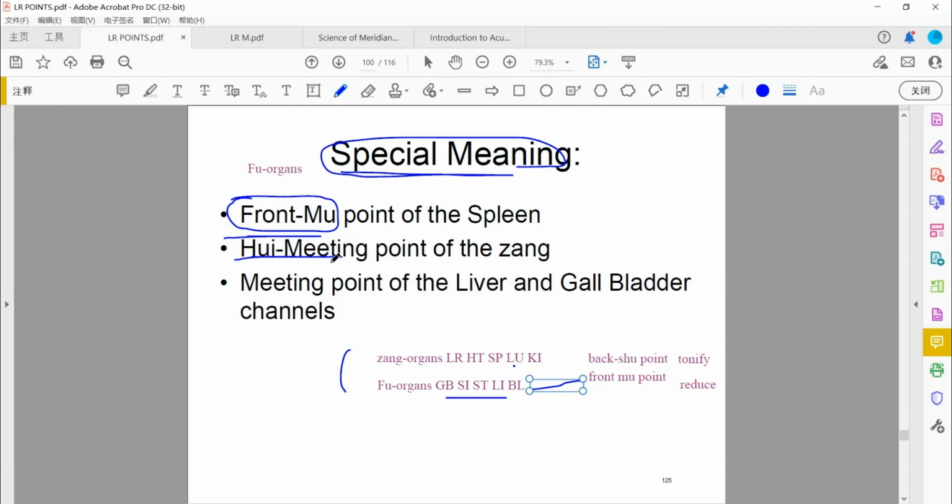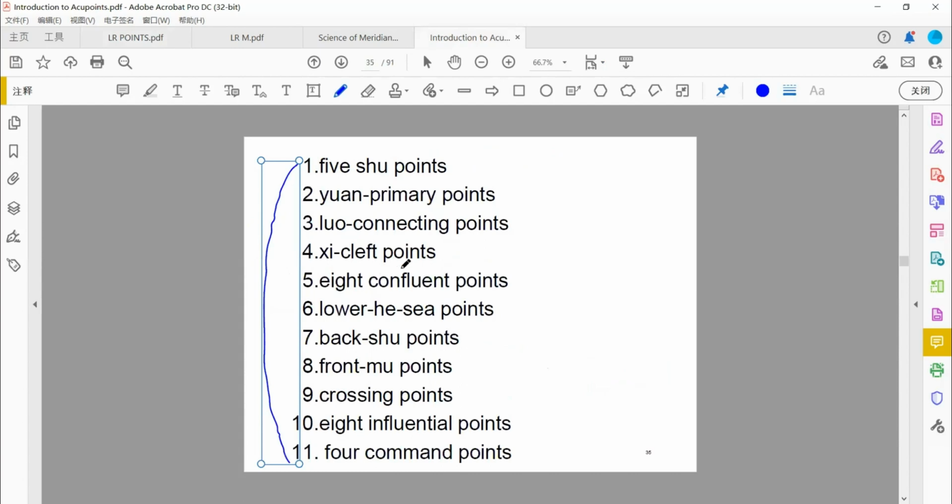Hui-Meeting, that's the influential points of zang organs. Right, influential points. Let's see influential points. Eight influential points.